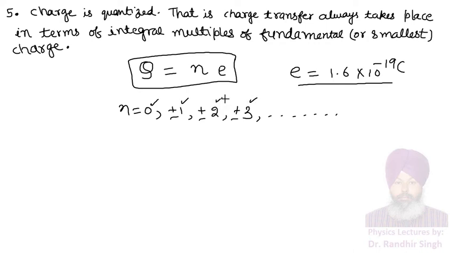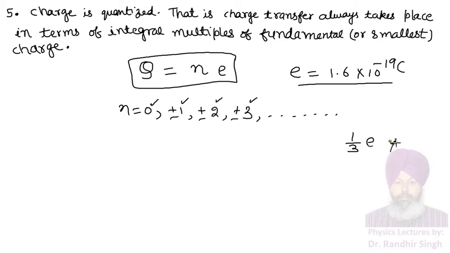Fractions will not be possible. However, in higher classes after completing your school studies, you will find that the smallest possible charge is not actually e, it is actually e/3, which is on another particle called a quark.